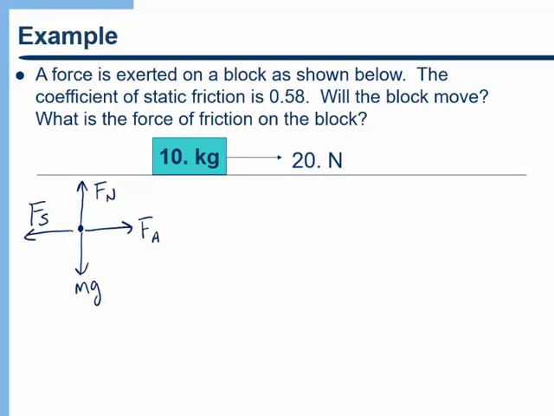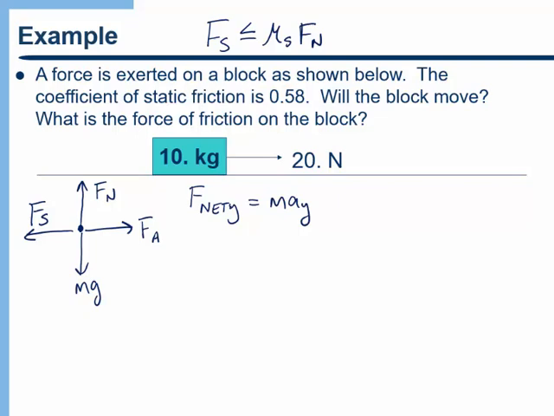Anytime you have friction in a problem, the next thing you want to do is write down Newton's second law in the y direction. The reason that we want to start in the y direction is we know that the force of friction, whether static or kinetic, is related to the normal force. Therefore, we've got to first figure out what the normal force is before we can calculate any forces of friction.